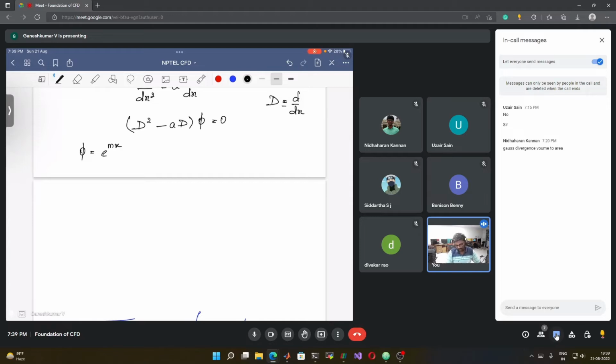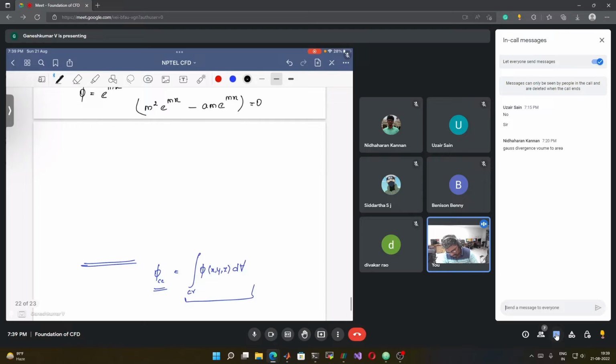We can assume that phi takes a solution of the form e power mx. Substituting it in the equation, we get m square e power mx minus a times m e power mx equal to 0. If you cancel out the common term, m square minus a m equals 0.